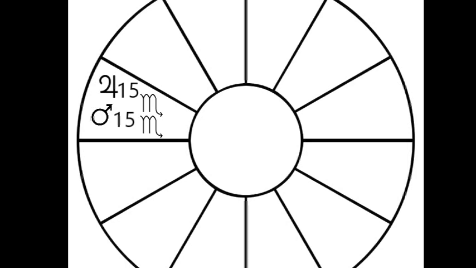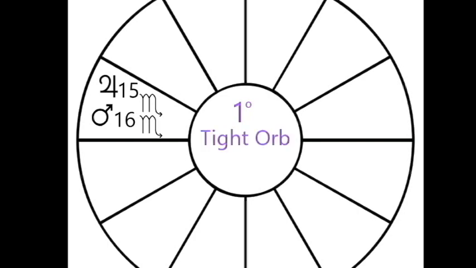Let's say there's a conjunction of Jupiter and Mars. Both are at 15 degrees of Scorpio. That is an exact conjunction. If Jupiter is at 15 and Mars is at 16 Scorpio, that's a conjunction with a 1 degree orb. 1 degree is known as a tight orb.